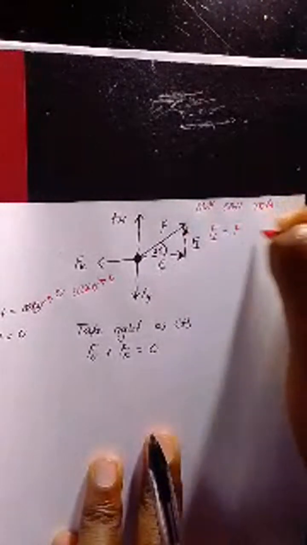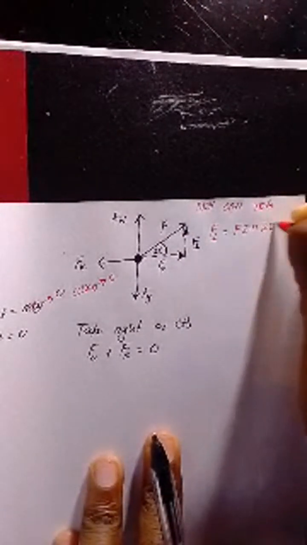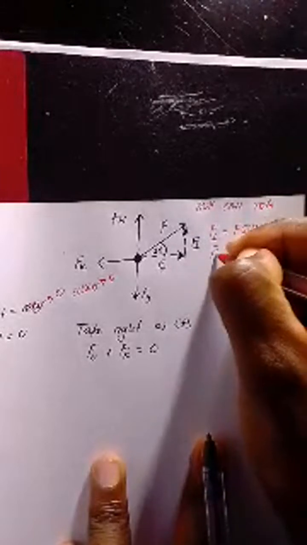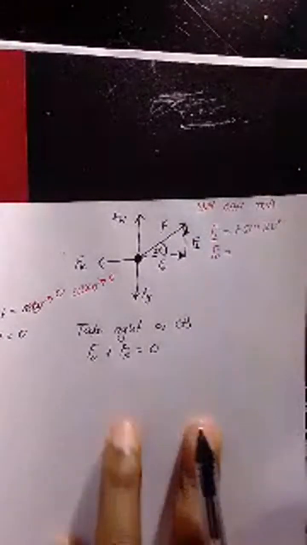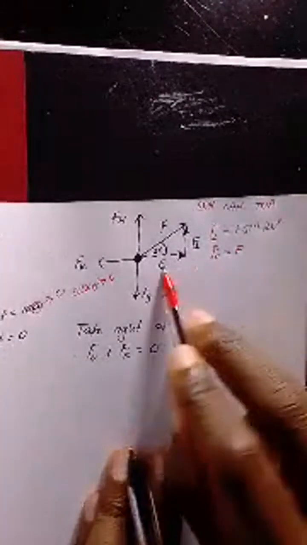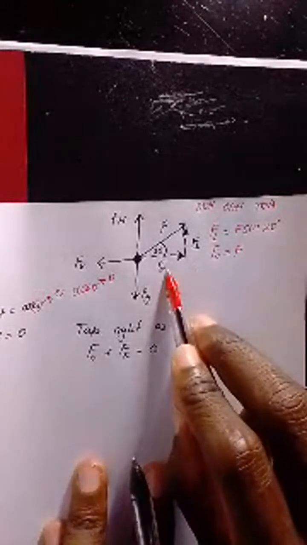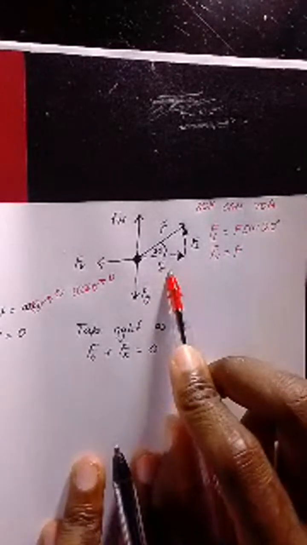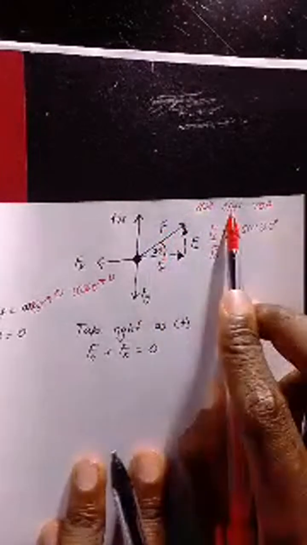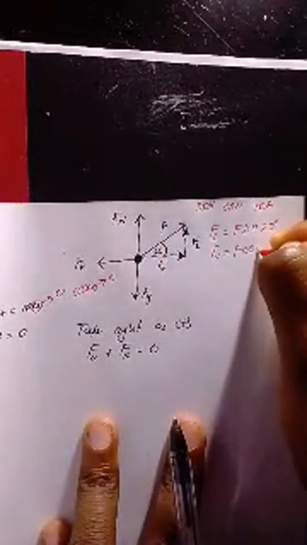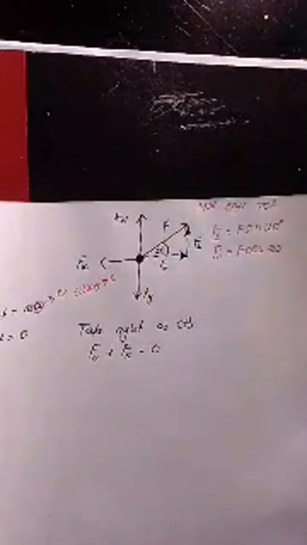So you'll say F sine 20 degrees. And F parallel is adjacent. Adjacent over hypotenuse is cos, so this is F cos 20.